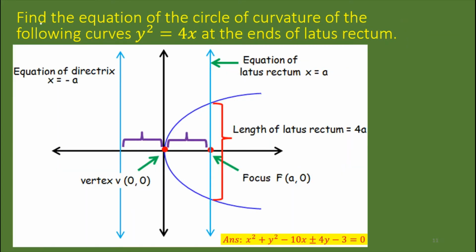Another question. Find the equation of the circle of curvature of the curve y square equals 4x at the ends of the latus rectum. You see here the diagram of a parabola y square equals 4ax. This is the curve y square equals 4ax.